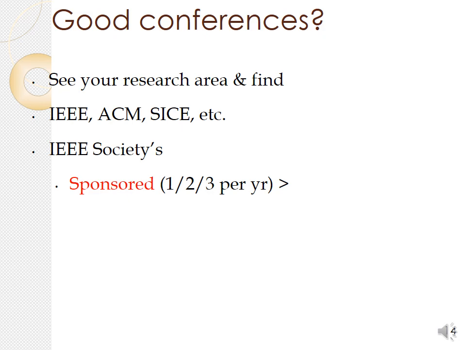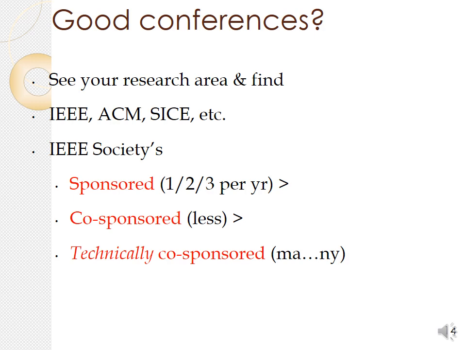So those are, of course, the top ones. Co-sponsored conferences are also okay, of good quality, but there are many technically co-sponsored conferences by different societies and IEEE sections and chapters and so on. Definitely, the quality will vary from top to bottom. But at least those are IEEE societies' technically co-sponsored conferences. So at minimum, you can say that they crossed the threshold.